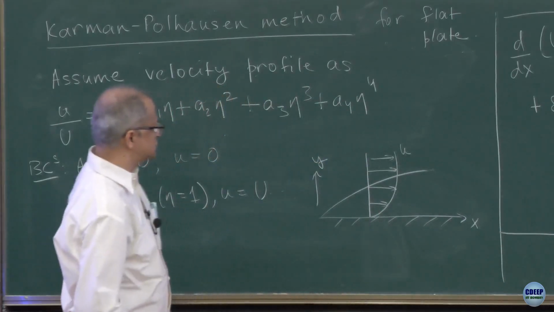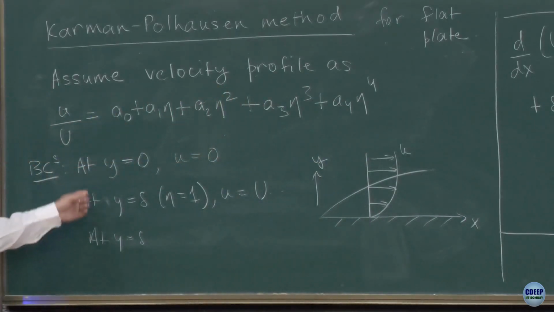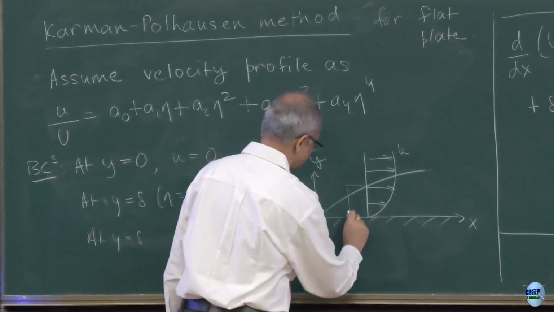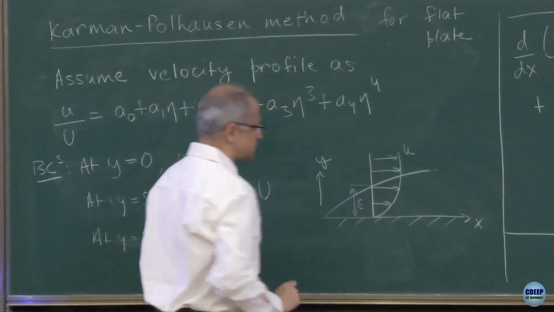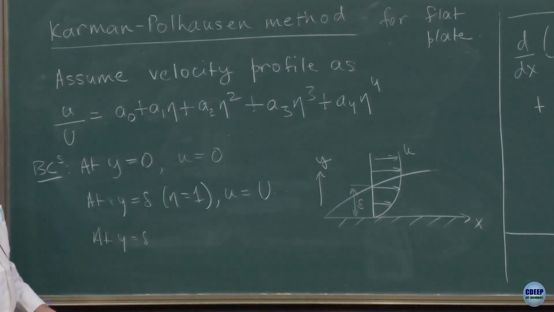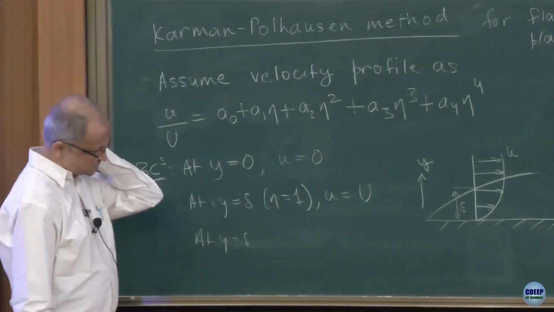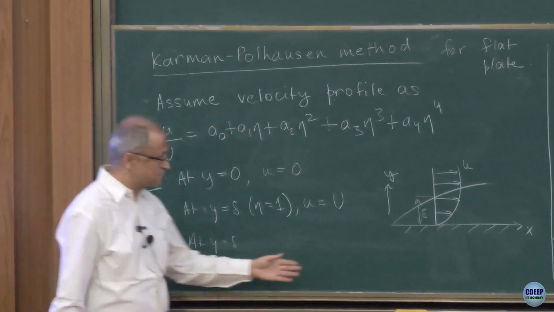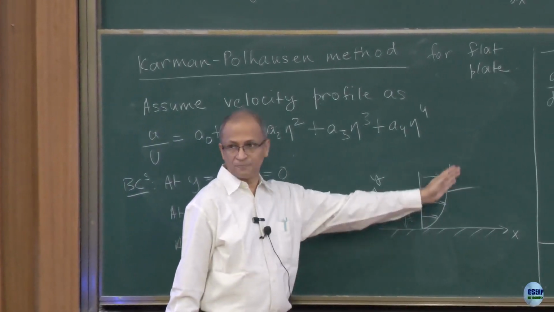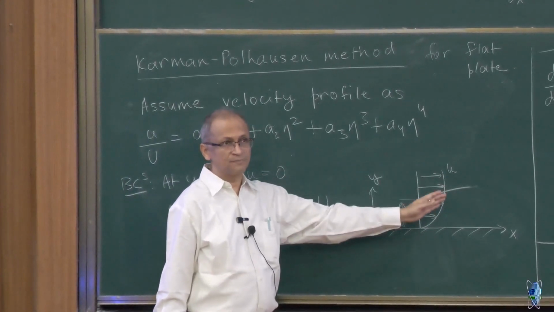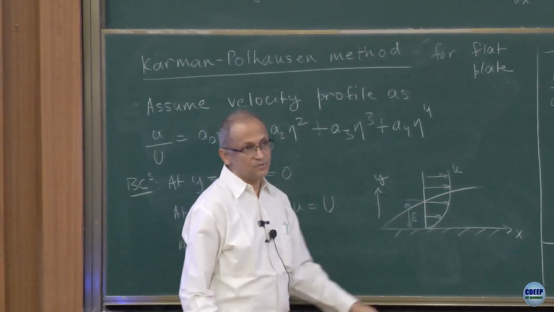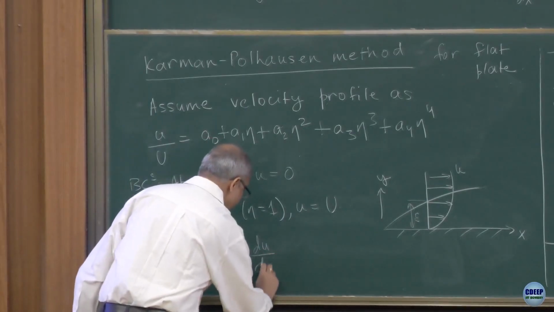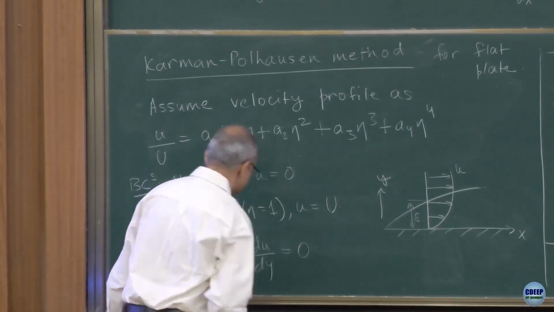At y is equal to 0 you get velocity as 0, and this is my delta. Now at y is equal to delta, what else can I say? I can say that the slope has become very small, effectively 0. So that's our condition: du/dy is equal to 0.